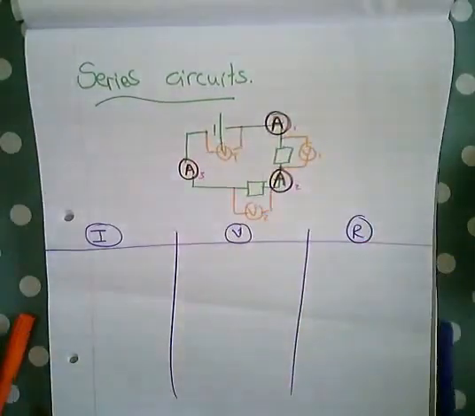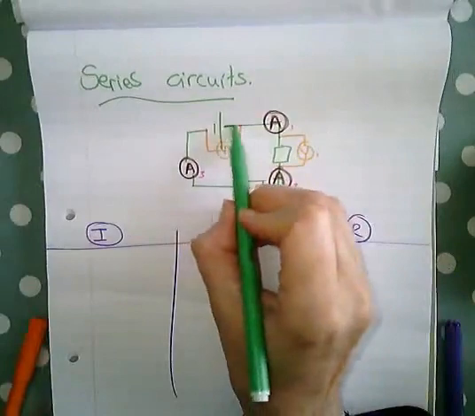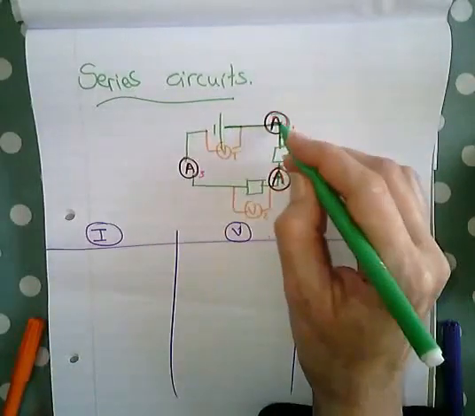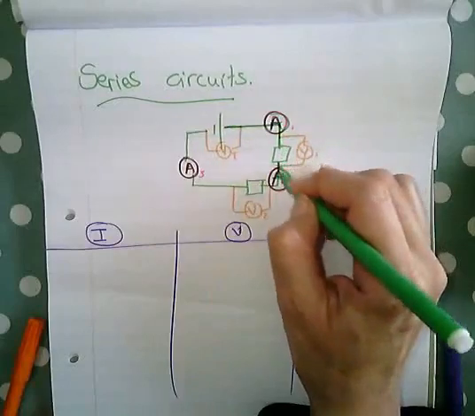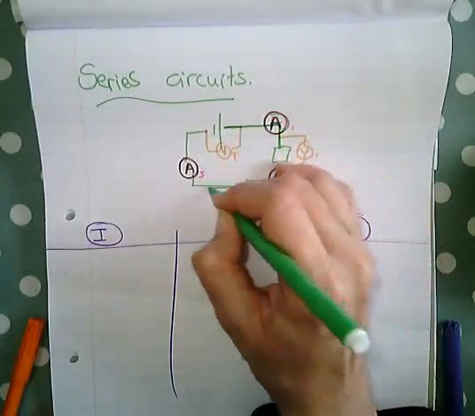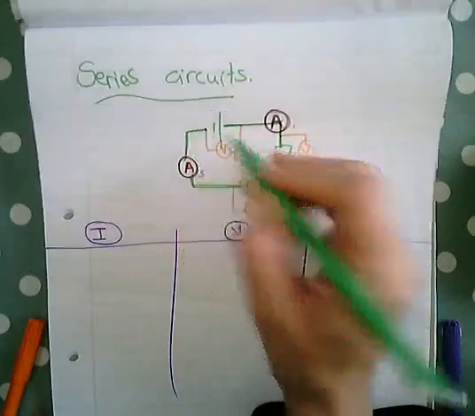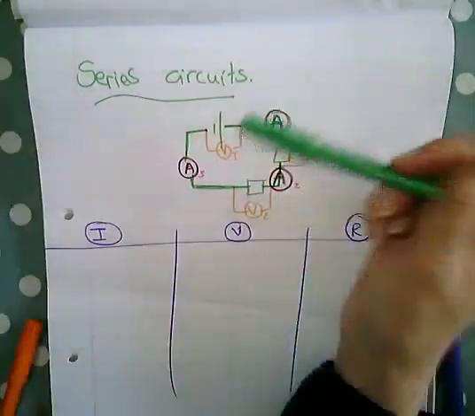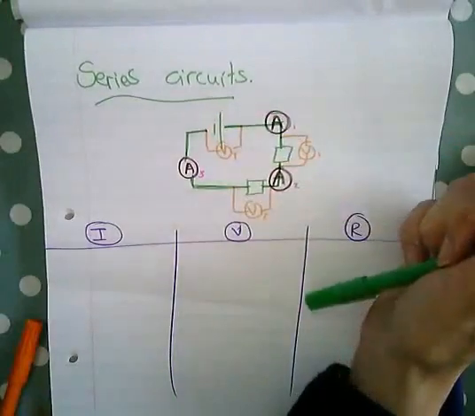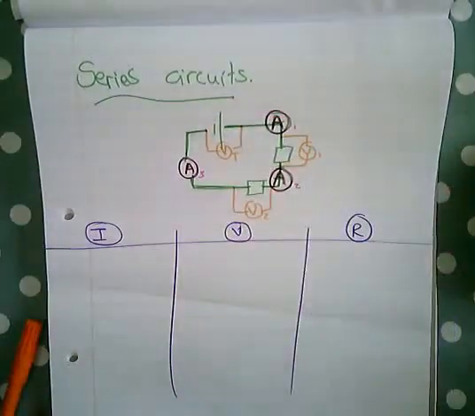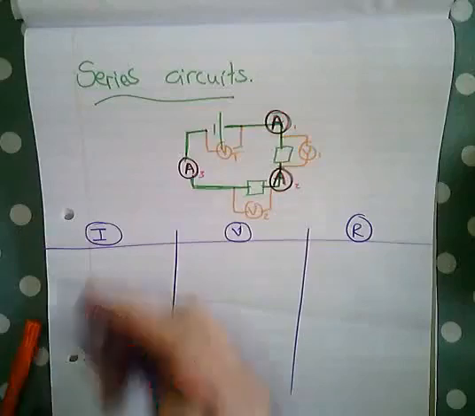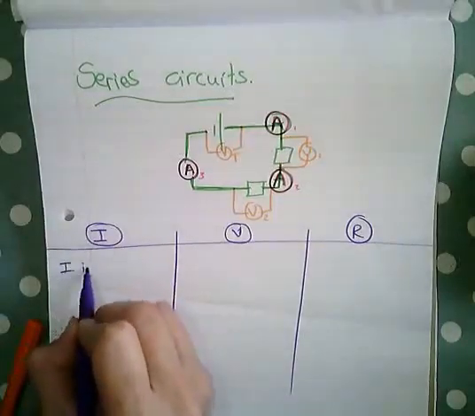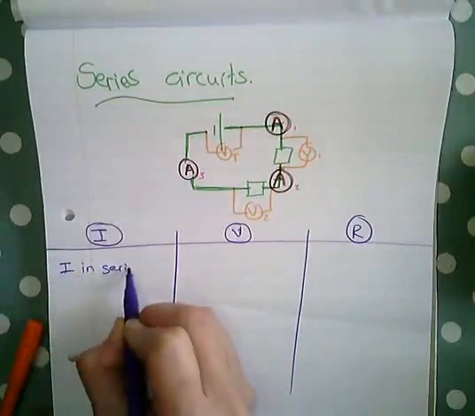It comes out of the battery, through that ammeter, through that resistor, that ammeter, that resistor, that ammeter, and back to the battery. No split in the pathway that the current can follow. So what you need to know about current is that current in a series circuit is exactly the same everywhere.